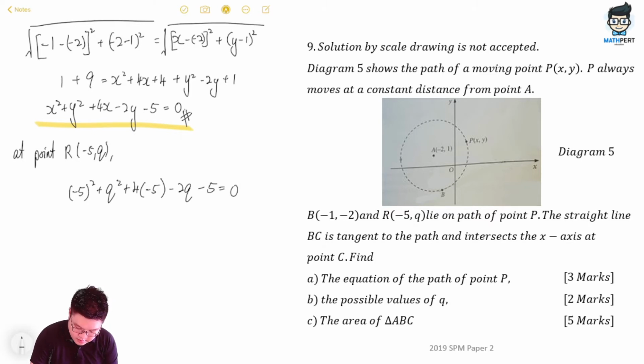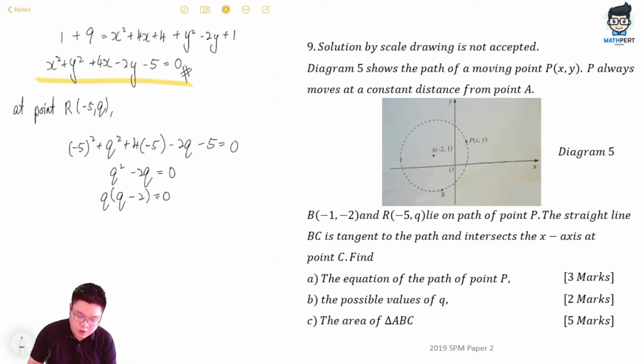Then we have Q squared minus 2Q, (-5) squared, I get 25. 25 minus 20, I get 5. 5 minus 5, I get 0. So what I get is Q squared minus 2Q equals 0. Then we factor out the Q, I will get Q(Q minus 2) equals 0. So our possible solutions will be Q equals 0 or Q equals 2.